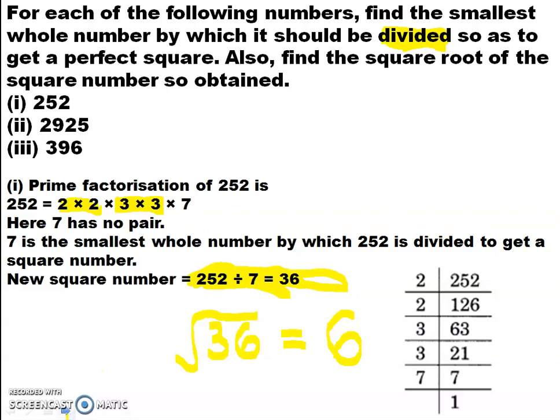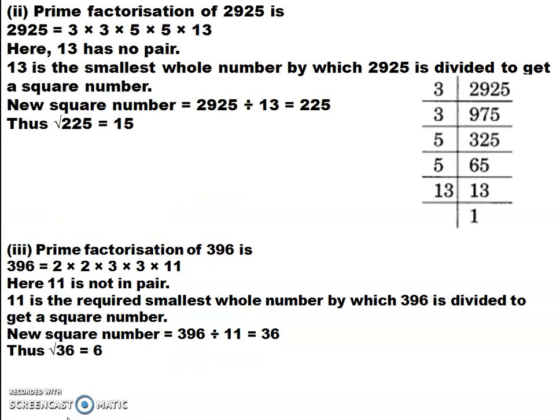Next question. 2925. First, what will you do? Prime factorize the given number, then find the odd one out, then divide the given number by the odd number. That is 13. You found the odd number is 13, so 2925 divided by 13 is equal to 225.